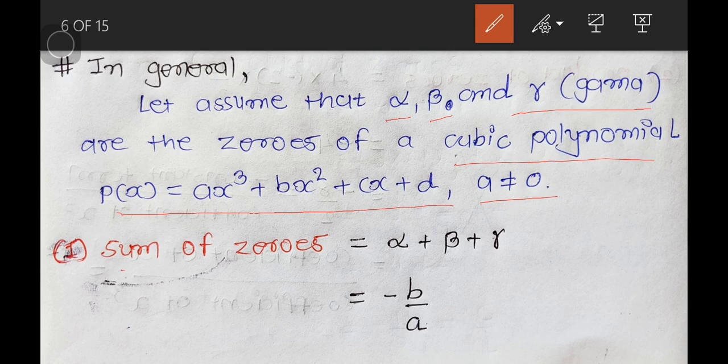Sum of zeros is alpha plus beta plus gamma, that is minus b by a, that is coefficient of x square divided by coefficient of x cube, and we put minus sign.